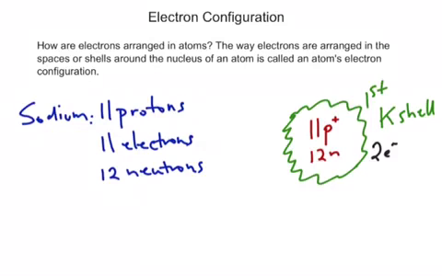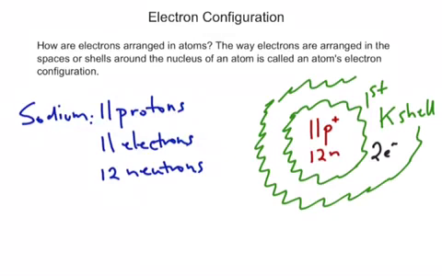So if you have more than 2 electrons for an atom, then you've got to move out to the second shell. The second shell or space around an atom, the second shell, or the L shell, can hold up to 8 electrons before it's full.